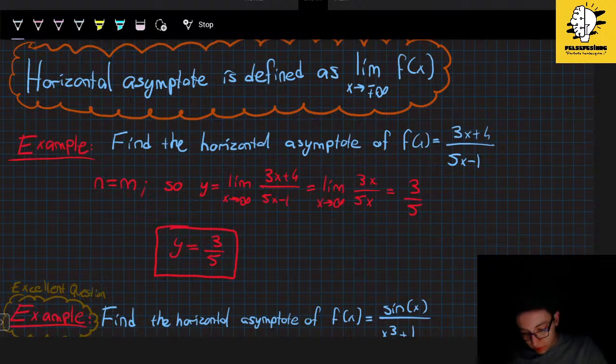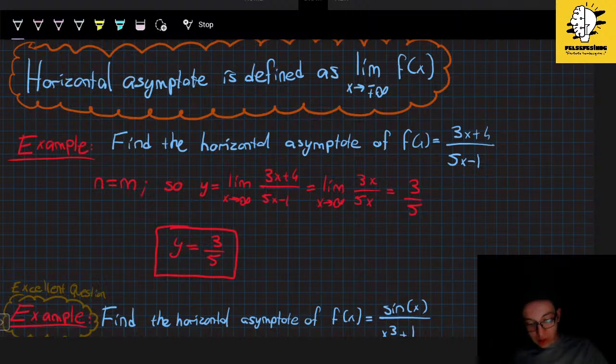So this is x to the power 1, n is equal to 1, and in the denominator x to the power 1 again, so our m is 1, meaning that n and m are equal. This means that at infinity we will only look at the highest terms, 3x over 5x. And this will be equal to, since when I substitute infinity into x here, they will grow in the same amount.